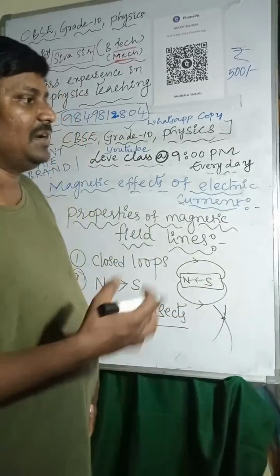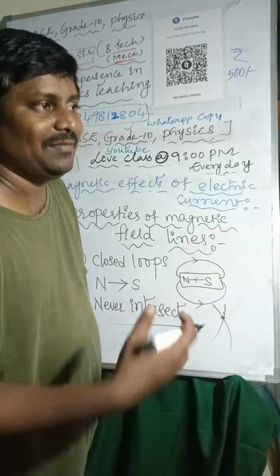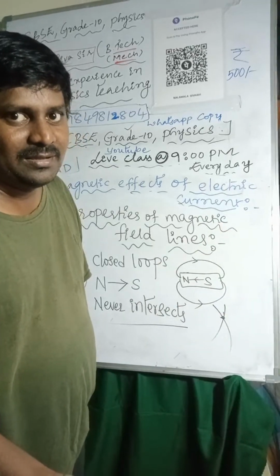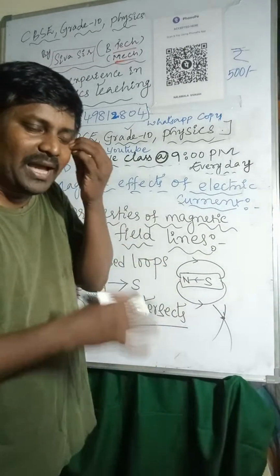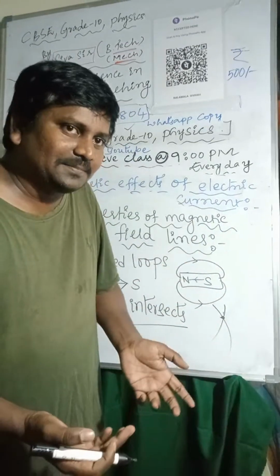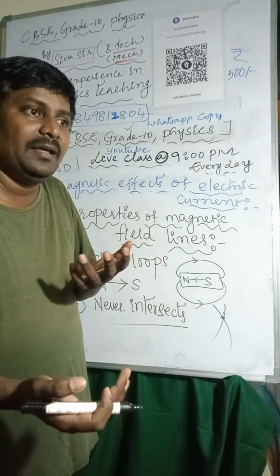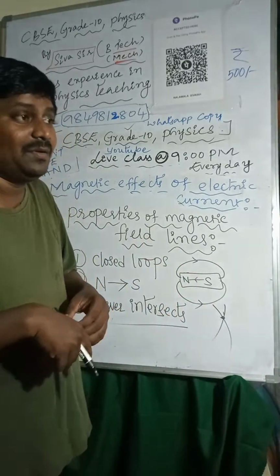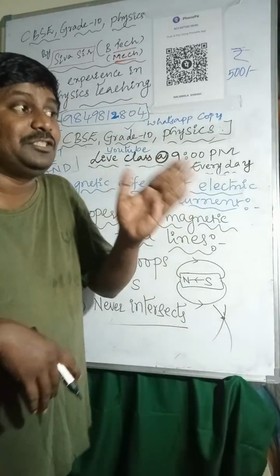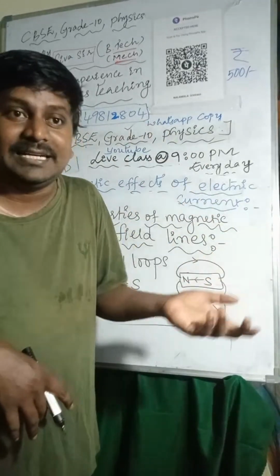There is a logic here. Generally, these magnetic field lines never intersect. That is a true point. But if they intersect, the compass should show two directions at the point of intersection at a time.